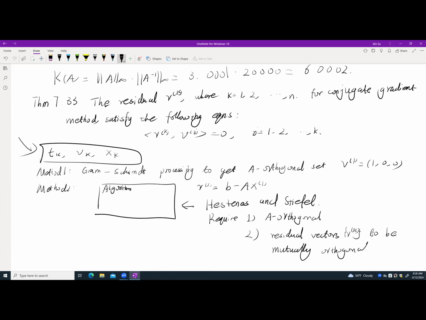So that's why we have different things here. If you use Gram-Schmidt, we just require the vectors to be A-orthogonal. But these two mathematicians devised the algorithm so that the residues are also mutually orthogonal. There are some benefits to doing so, but you need to take a look at the proof and the details. I'm skipping that because it's too long to cover in class; if you look at the textbook, you'll know why.